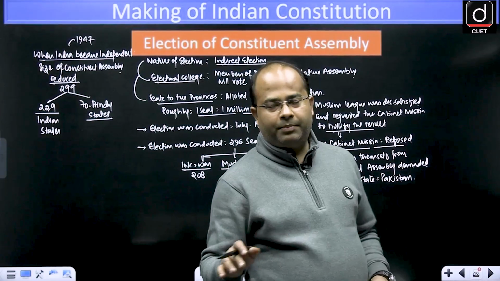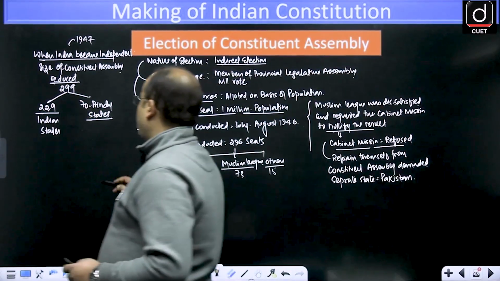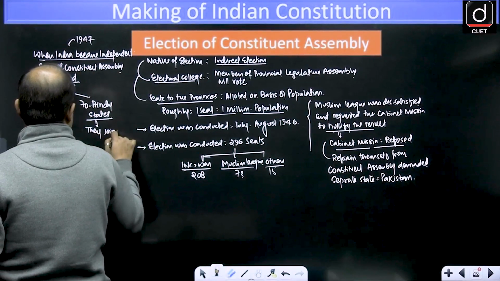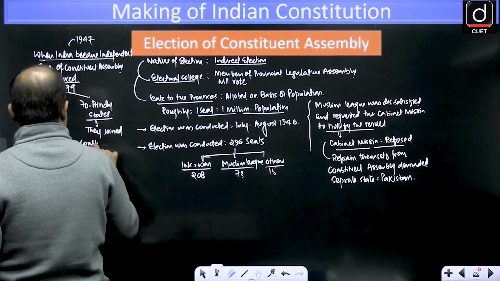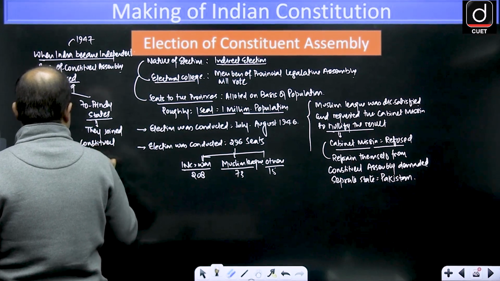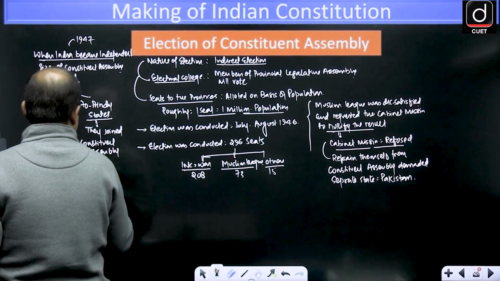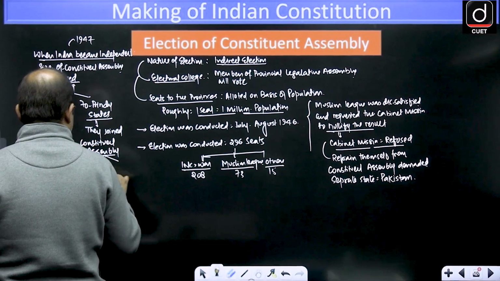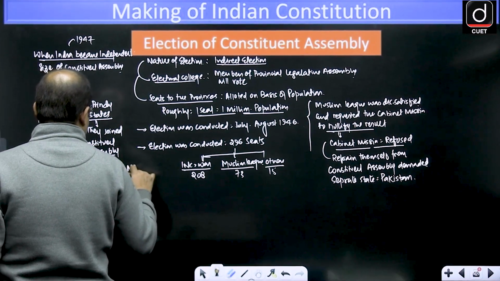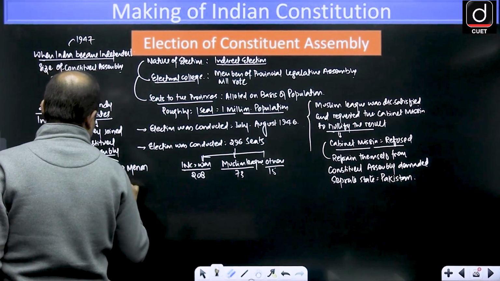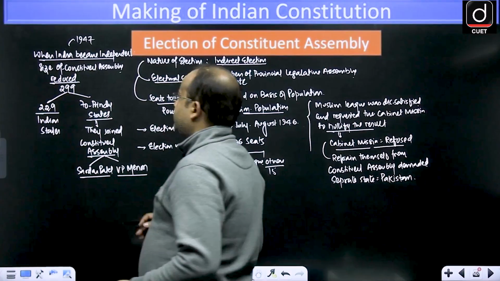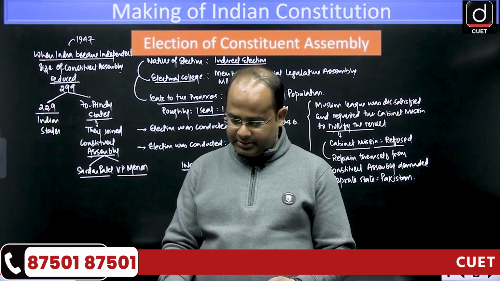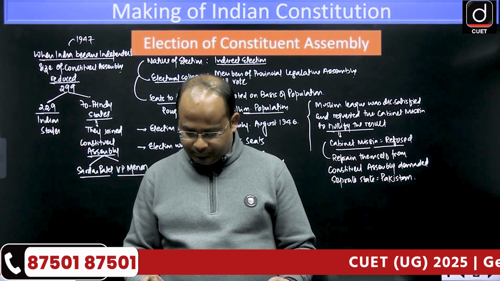These 70 princely states joined the Constituent Assembly due to the efforts of Sardar Patel and VP Menon. Is that clear, guys? That was the size of the Constituent Assembly before independence. Is that clear to all of you?